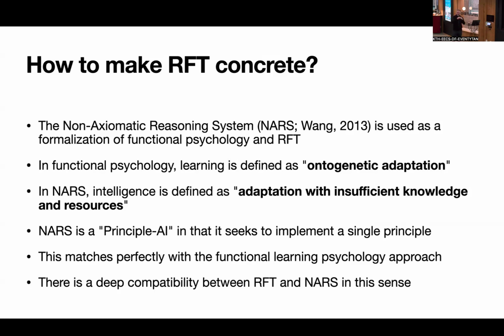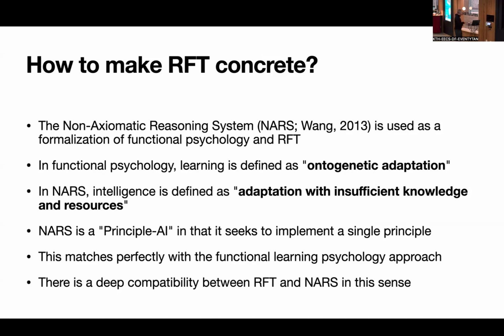Okay, so they talk about the same thing at the core. And NARS is a principled AI in the sense that it seeks to implement a single principle. So in a way, this matches perfectly with functional learning psychology that really talks about learning principles.